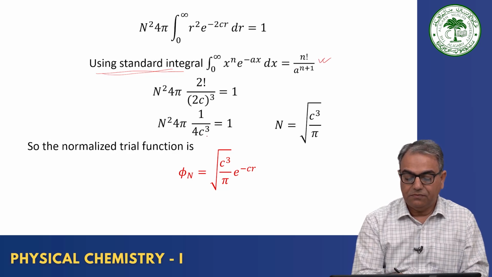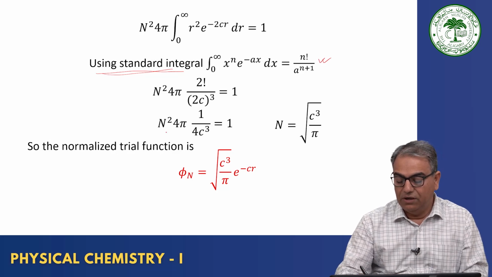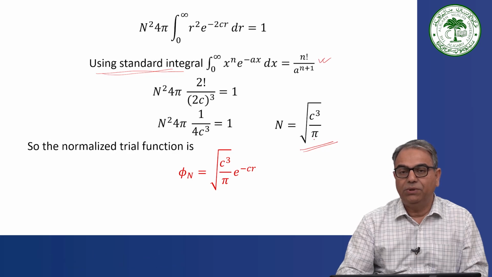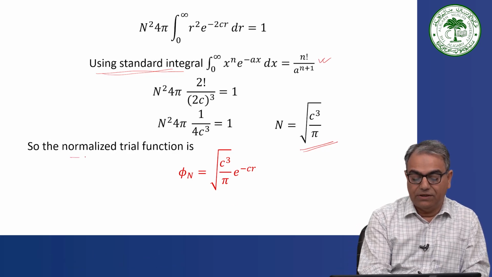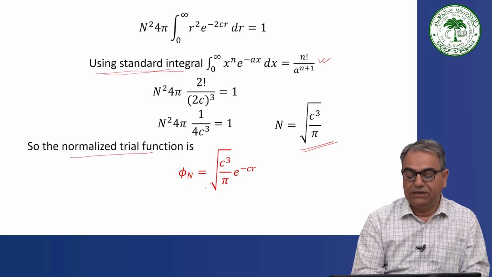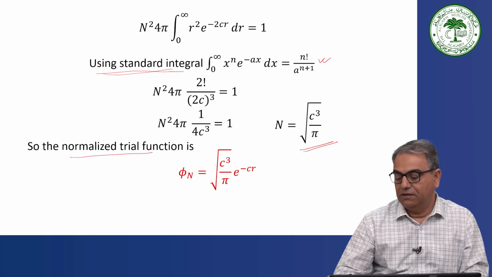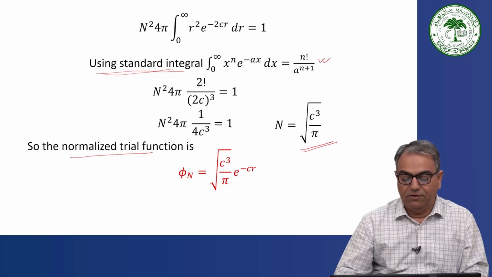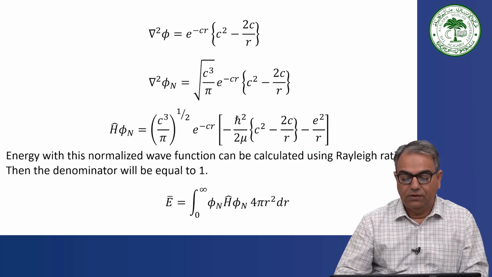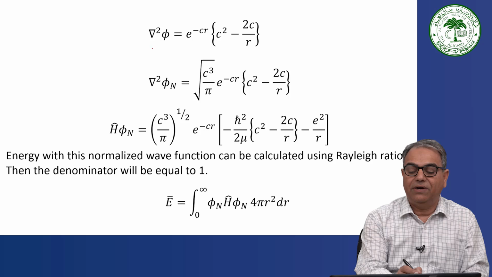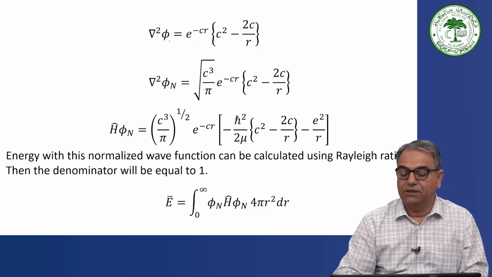So if you get this value, then your normalization constant is root under c cube divided by pi. What does it mean? It means the normalized trial function we can write as phi n is equal to root under c cube by pi exponential minus cr. So now, your del square phi was with the unnormalized function.